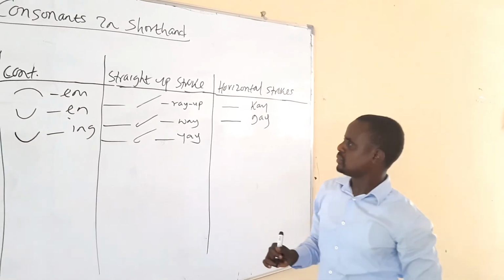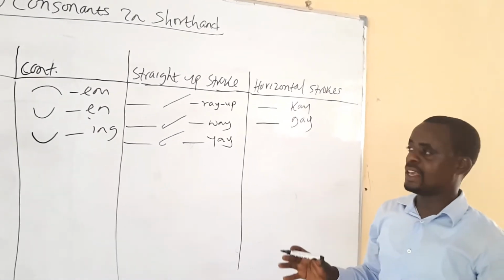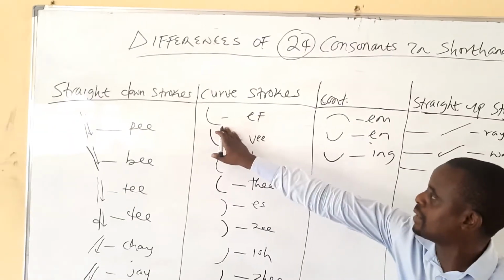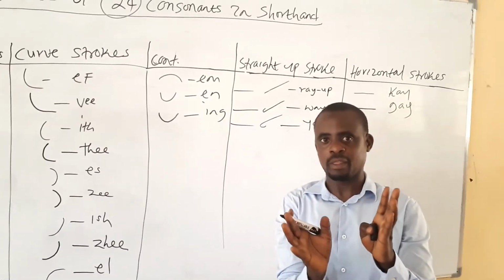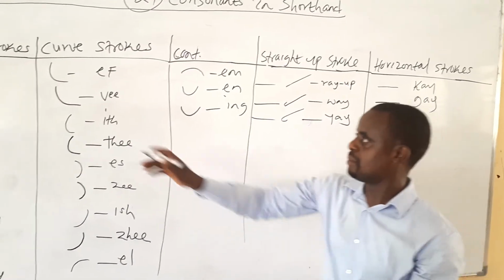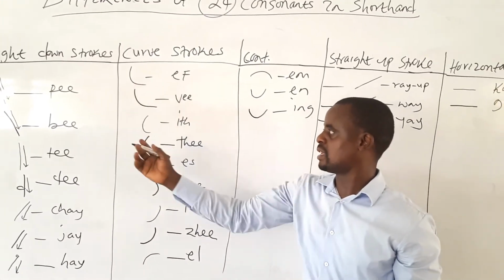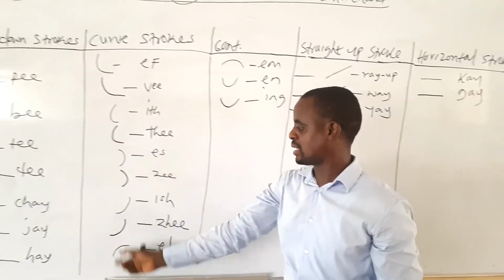Okay, don't forget that in these 24 consonants, most of the strokes come in pairs, because L and V are similar, but the difference is this is light, this is heavy. Also the same thing with this one, light, heavy, light, heavy, light, heavy.